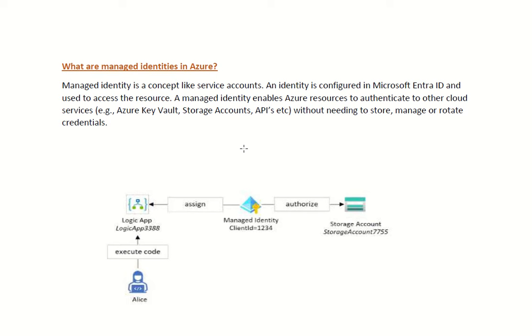One such example I would like to show you. For example, there's a developer called Alice who has created an Azure Logic app. This is an Azure resource. Now, in order for this Logic app to access another Azure resource called an Azure Storage account, it can't directly access this storage account.